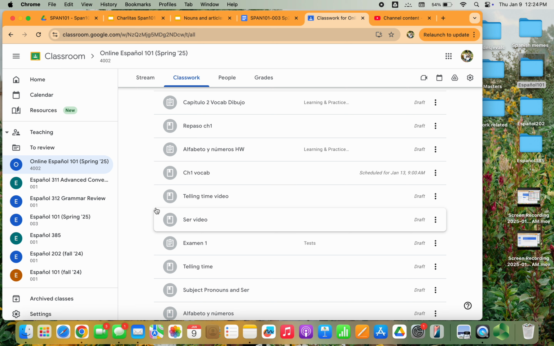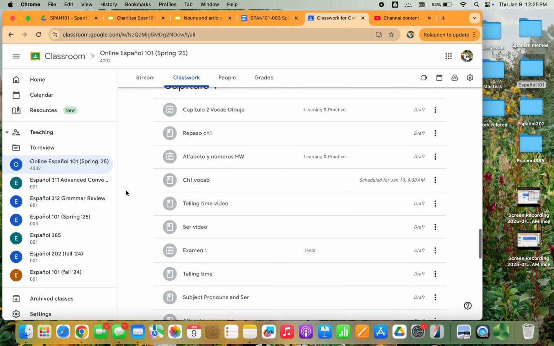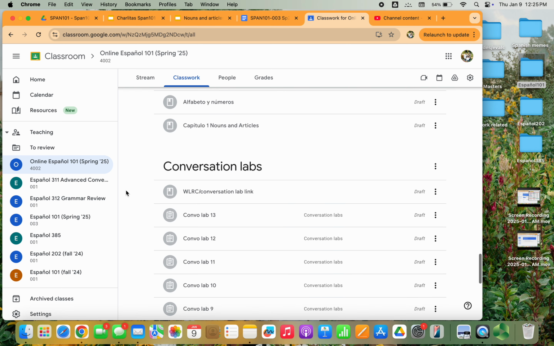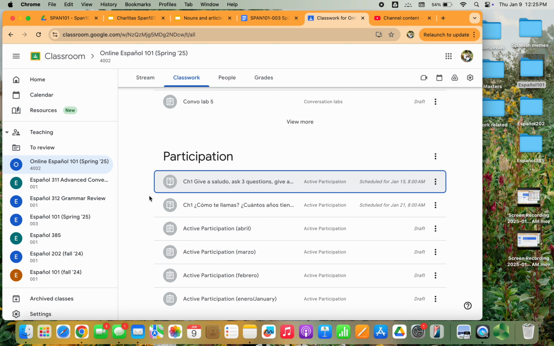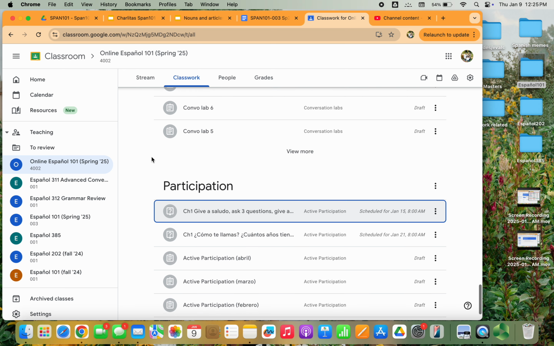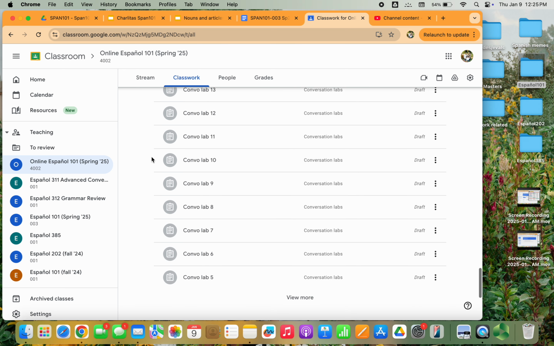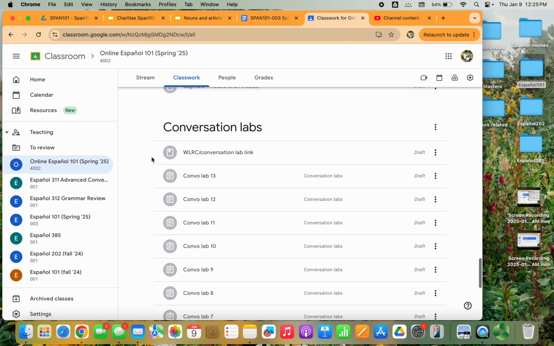Whereas VHL is more practice and you're getting that immediate computer graded feedback. And then the conversation or the participation, those are to try and simulate a typed out conversation since they're not in-person oral conversations. So you have your participation question and you have VHL, and then you also have your conversation labs starting next week.